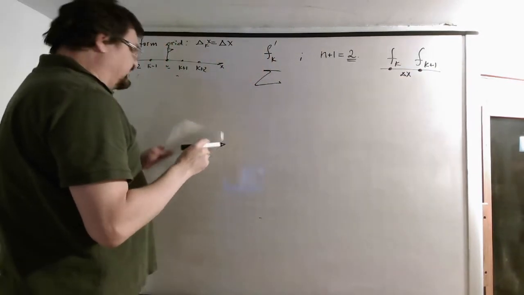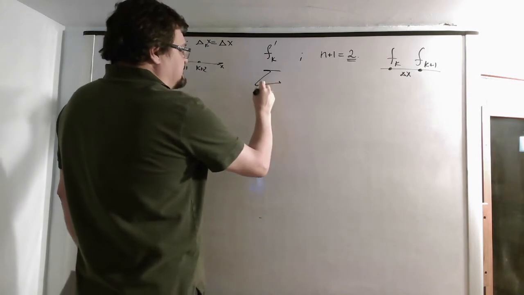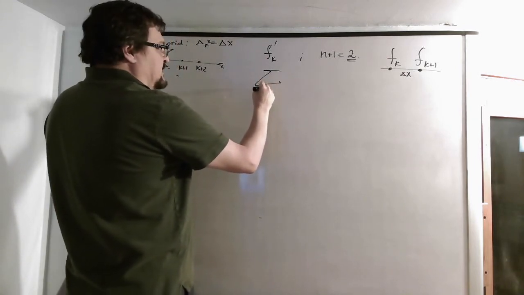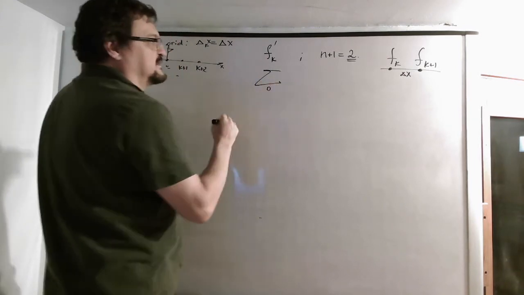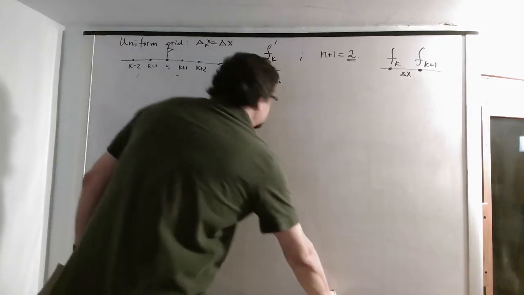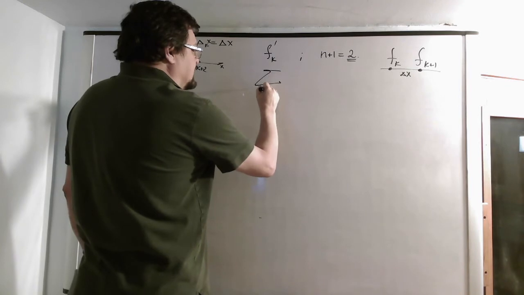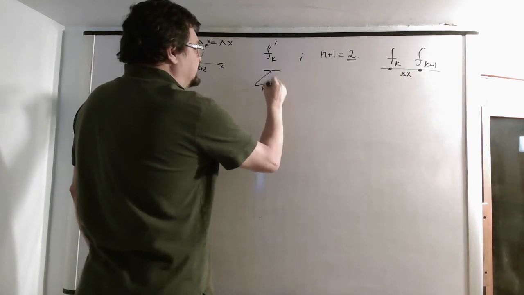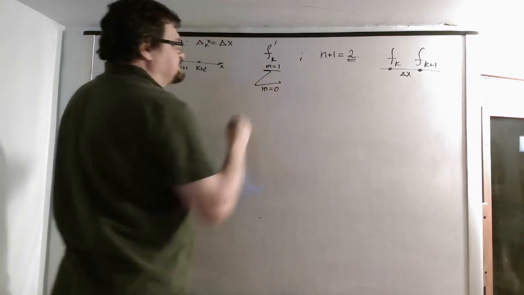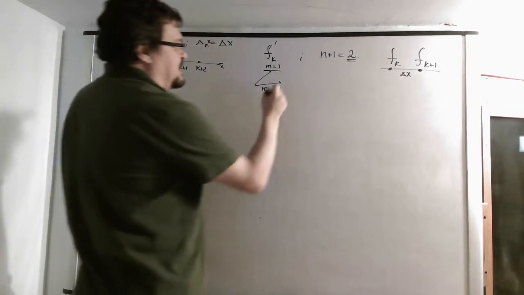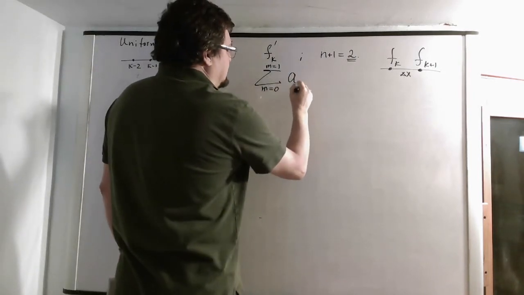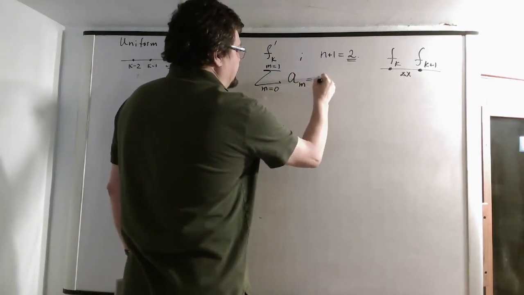So we have the following: the sum from m equals 0 to m equals 1 of am equals 0.